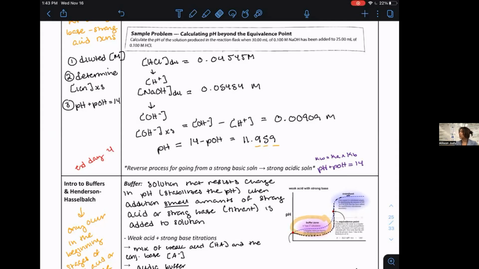You have an AP question video, which forces you to go in and start looking at these types of problems. You also have a buffers intro lecture, because tomorrow we're going to start hitting up weak acid, strong base titrations, and then Friday, weak base, strong acid titrations.